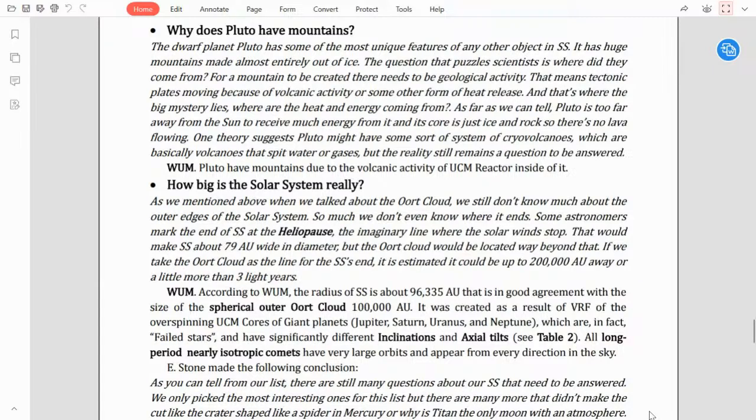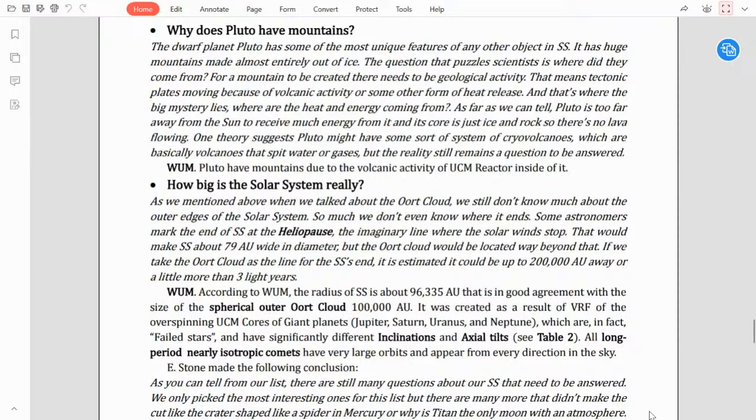How big is the solar system really? As we mentioned above, when we talked about the Oort cloud, we still don't know much about the outer edges of the solar system. So much so that we don't even know where it ends. Some astronomers mark the end of the solar system at the heliopause, the imaginary line where the solar winds stop.